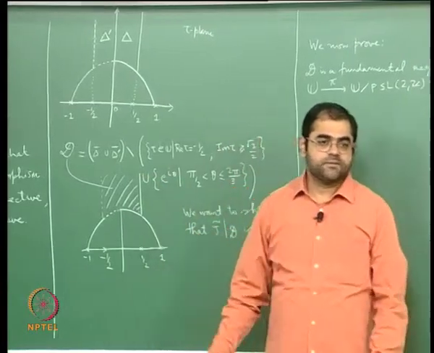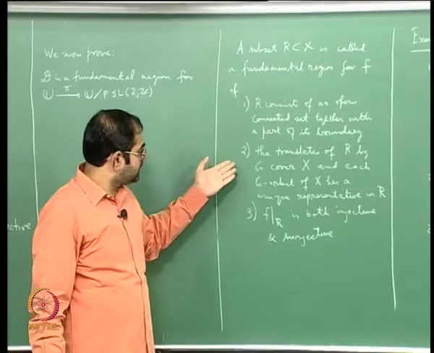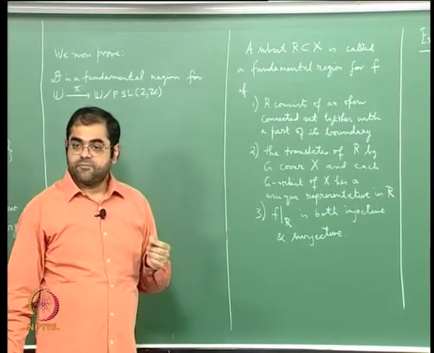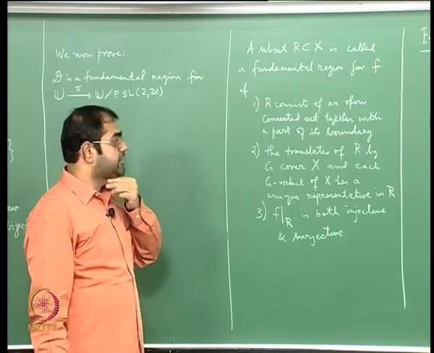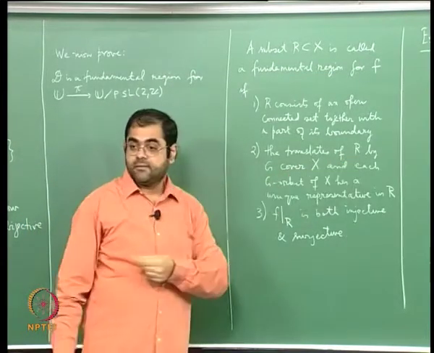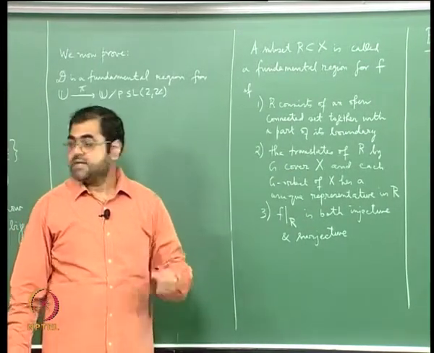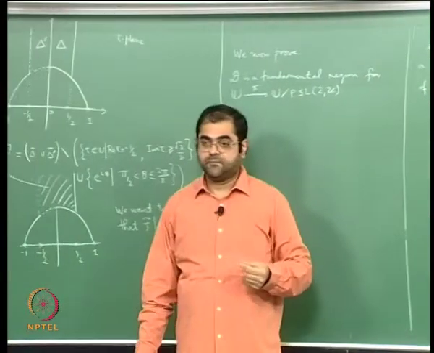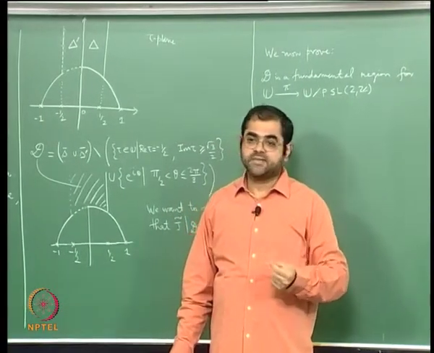So condition 1 is satisfied. It's conditions 2 and 3 that I will have to verify. So first thing, let me verify that every orbit of PSL2Z meets script D. I will first prove that, then I will prove that it meets script D exactly at one point.